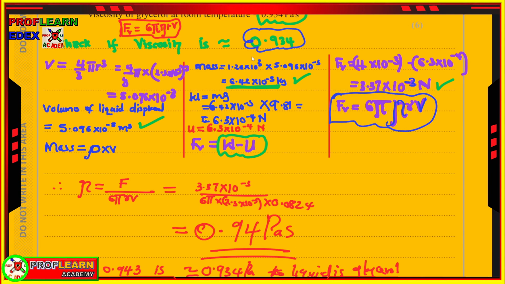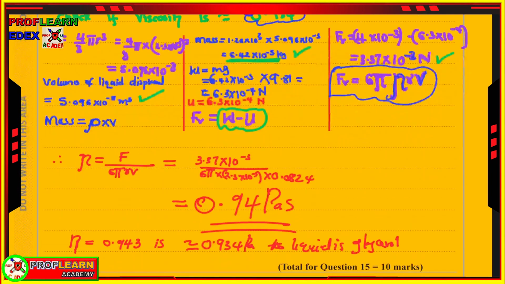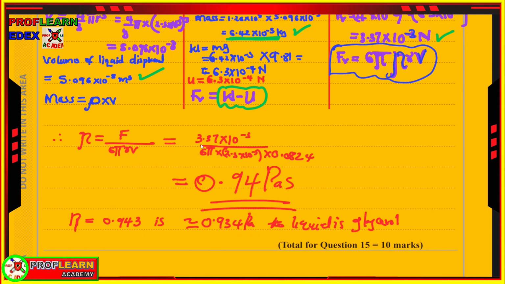If it's the same, then we can say the liquid used was glycerol. Working this out and substituting correctly, remembering that the radius was given in millimeters, so you have to convert it, I'm getting 0.94 Pascal second.